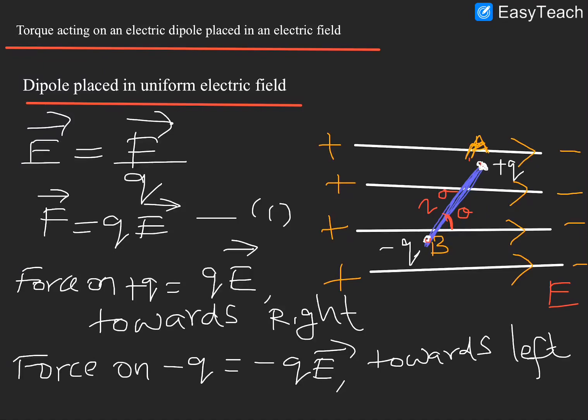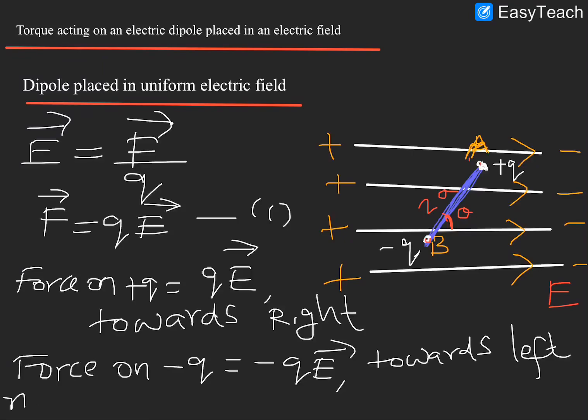Now you can see in the dipole, two charges are there, minus q and plus q. QE force acts on plus q and minus QE force acts on minus q. Both are acting in opposite direction. QE is in right direction, whereas minus QE is in left direction. Both are same in magnitude, QE, but they are acting in opposite direction.